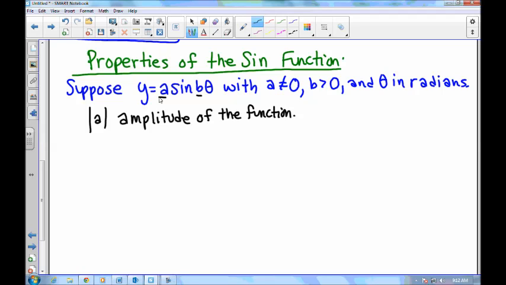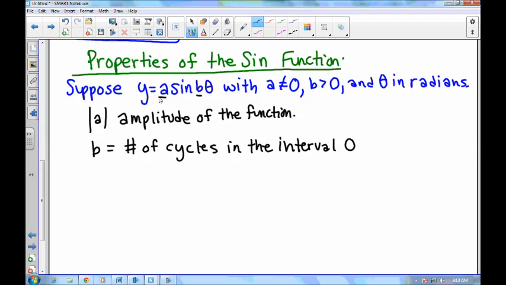Okay, B, which is our multiplier to theta, B is the number of cycles in the interval 0 to 2 pi. So how many times it repeats the pattern between 0 to 2 pi.